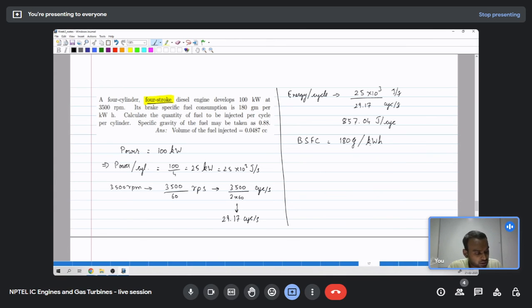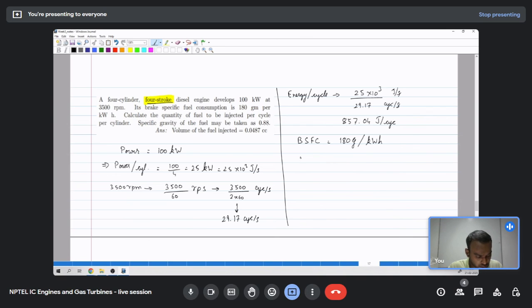We know we need 180 grams for every kilowatt hour, but it would be easier if we know how many grams of fuel are needed to produce every joule of energy. So we have to convert this kilowatt hour to joules.